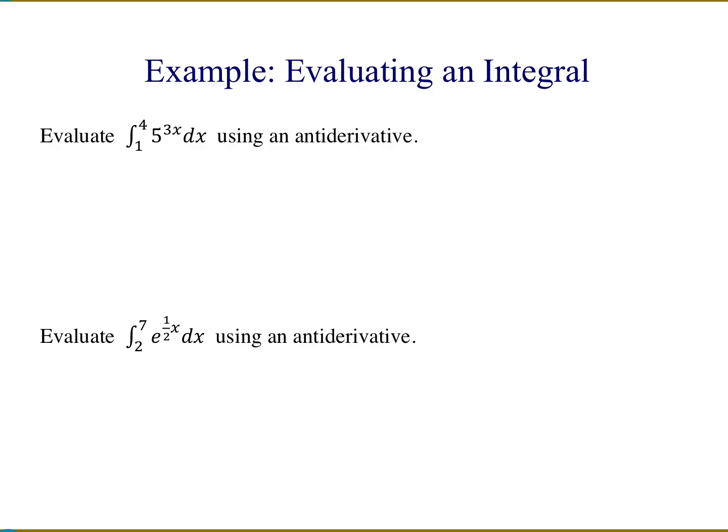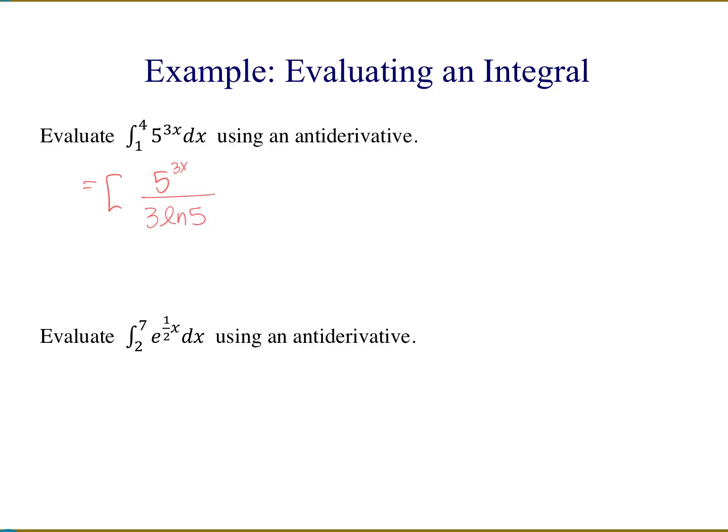Besides start with it, we need ln 5 and we'd need a 3. So the antiderivative is just the division of those two things. Our antiderivative here is going to be 5 to the 3x over 3 ln 5.